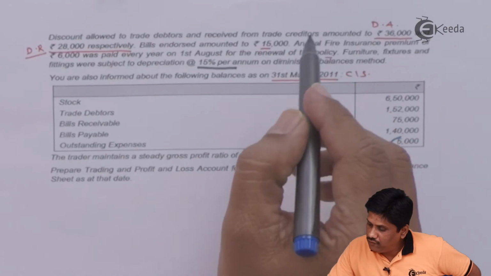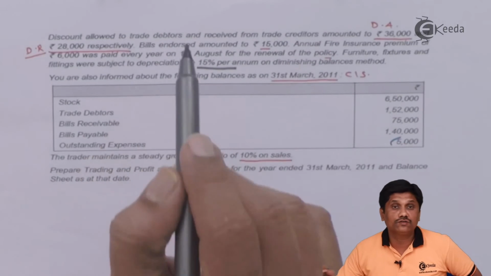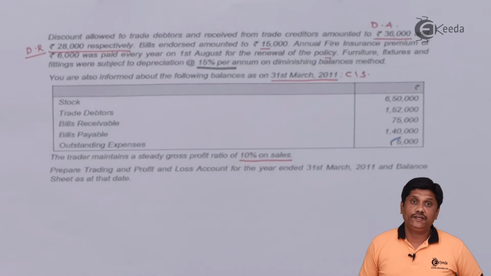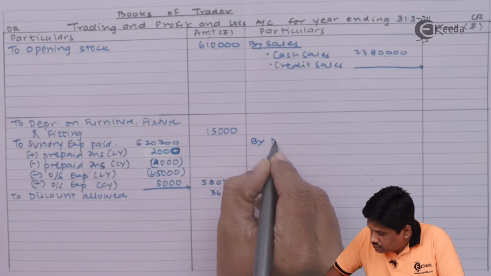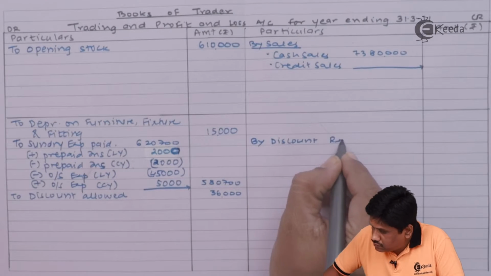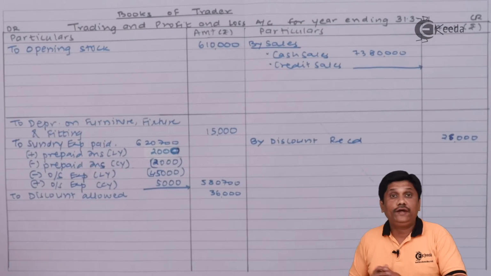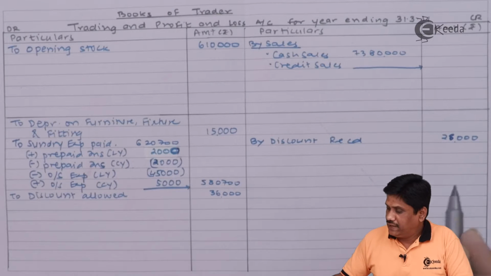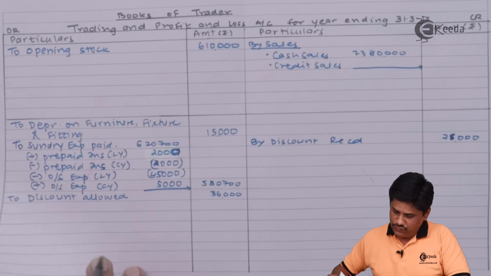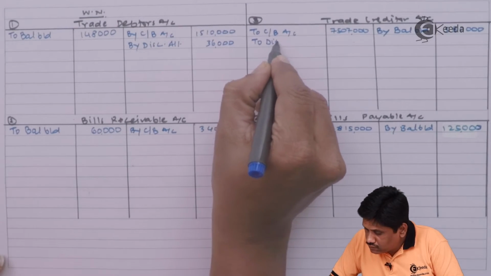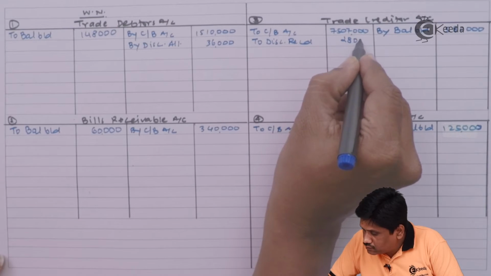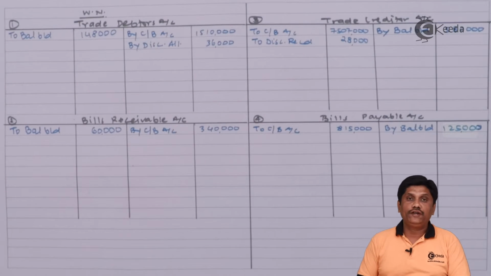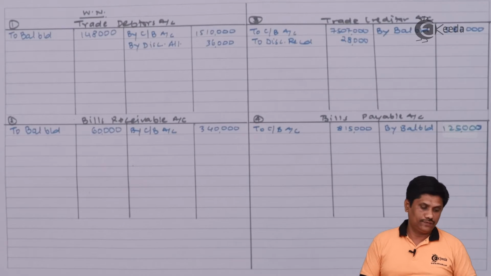Discount received from creditors 28,000. Discount received will be credited to PL account. 28,000 discount is received, and that now I am debiting to my creditors account. So I have noted discount received 28,000.